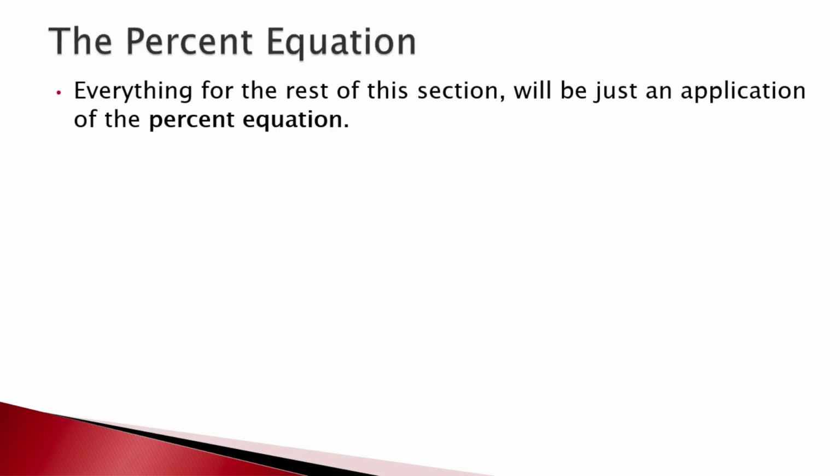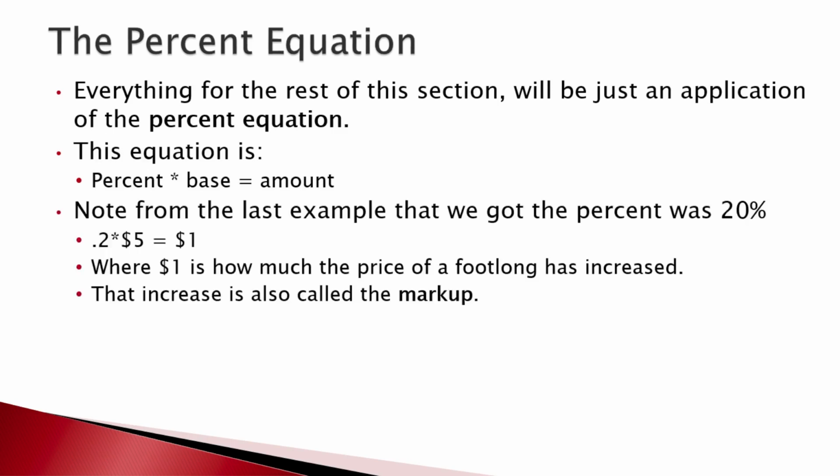So now let's look at the percent equation. Everything for the rest of this section will just be an application of this one equation called the percent equation. This equation is percent times base equals amount. Note from the last example that we got the percent was 20%. 0.2 times $5 equals $1, where $1 is how much the price of a footlong has increased.